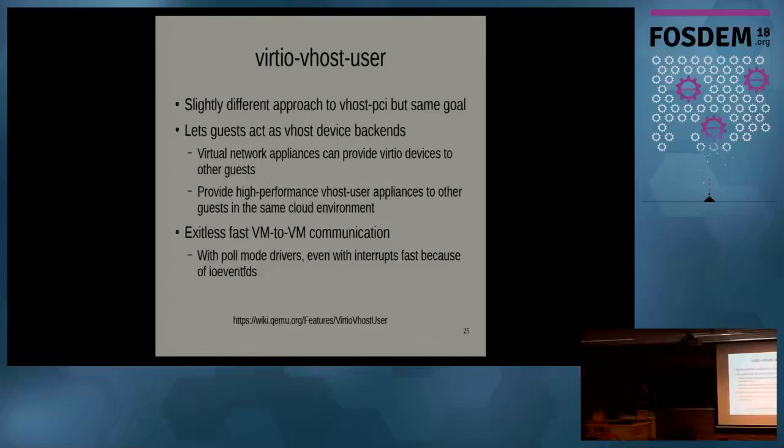And then the next thing was vhost user, which would allow you to implement this backend in a user space process in the host. Now, Virtio vhost user is taking this one step further by moving the vhost device backend into the guest. And it works by tunneling the vhost user protocol over a new Virtio device type, which is called Virtio vhost user.